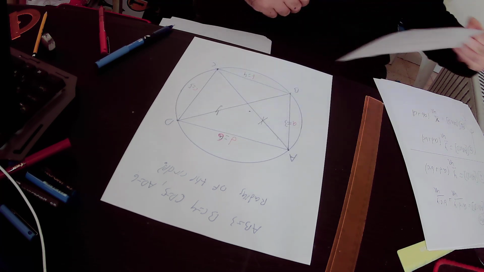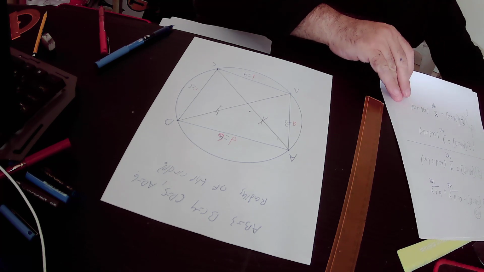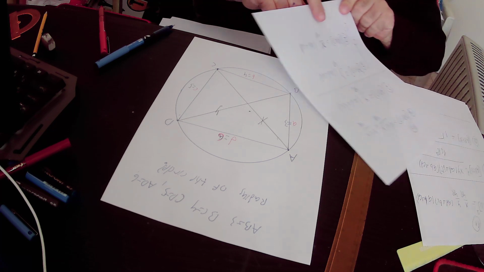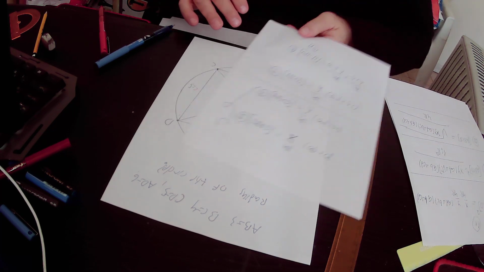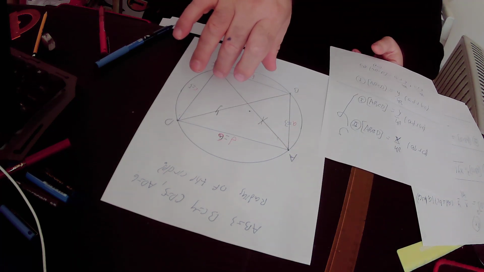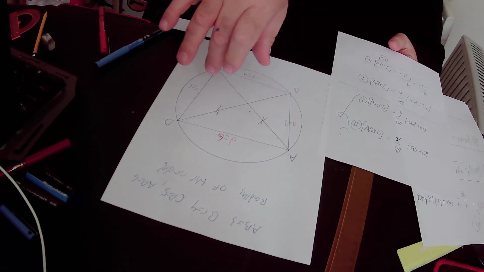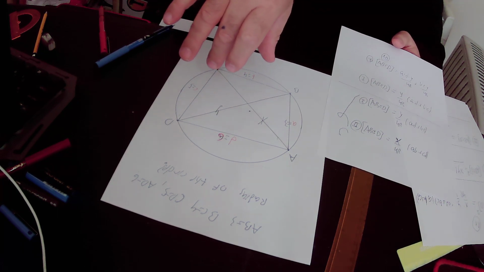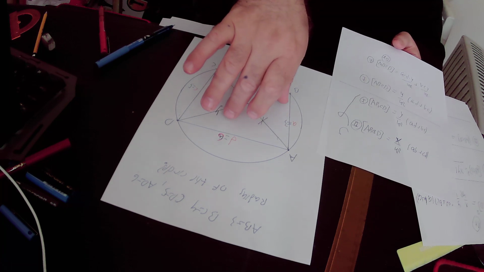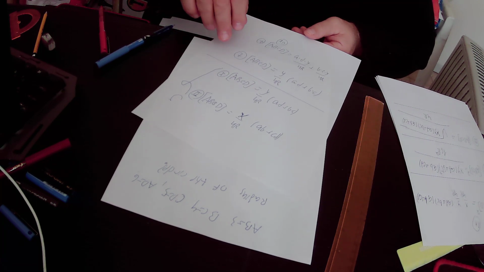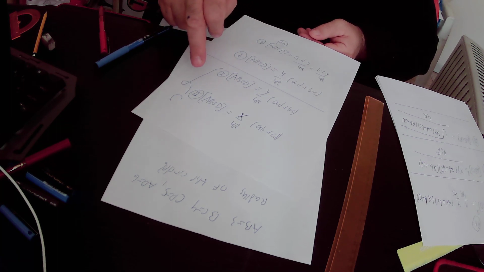So in total, we found out that, according to the fact that the area of quadrilateral ABCD equals the area of triangle BDC plus the area of triangle ABD, in total it equals this expression.